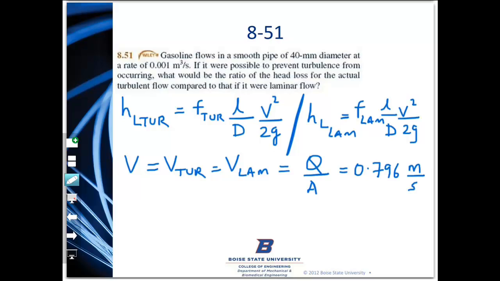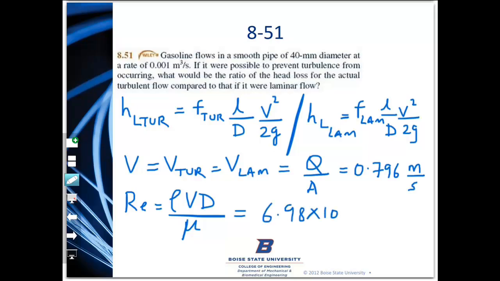Okay, and you can then compute your Reynolds number, which is rho V D over mu. So you can go up to the front of the book, table 1.6, and punch in the numbers. You get the Reynolds number as 6.98 times 10 to the 4.